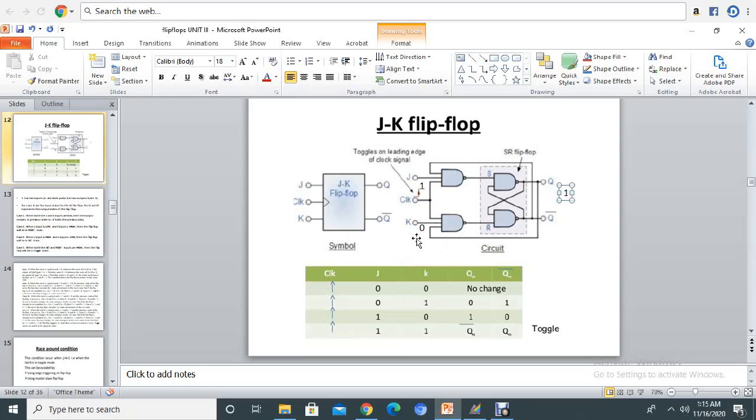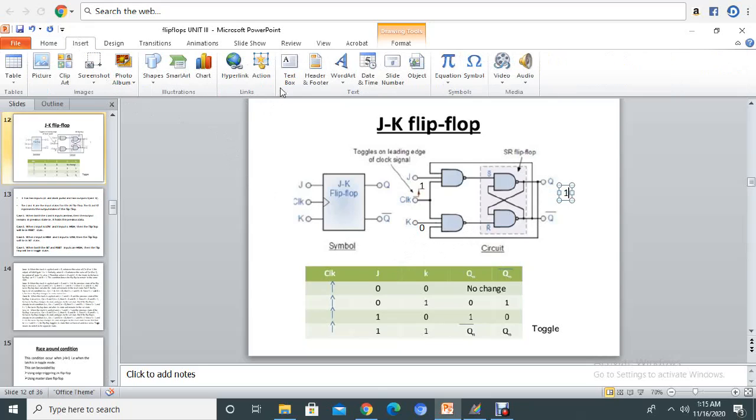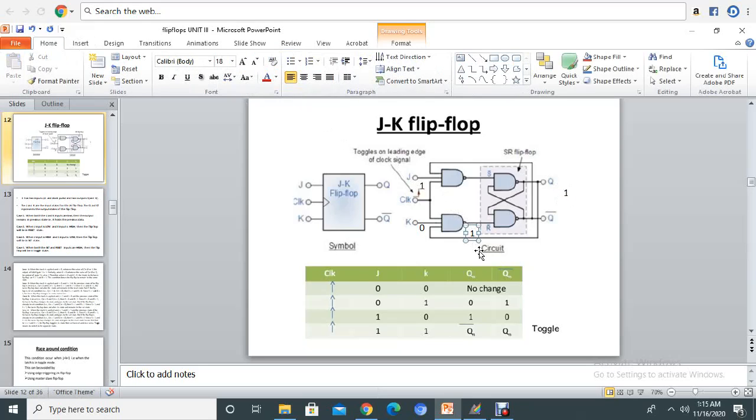Here one of the input is 0, so the output of NAND gate will be 1. Q is 1 means Q bar is 0. The 0 is applied to here.